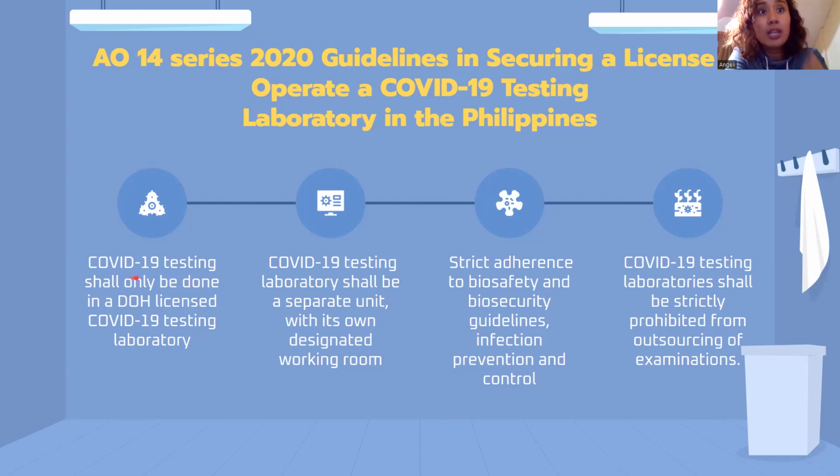COVID-19 testing shall only be done in a DOH-licensed COVID-19 testing laboratory. No other body, only the DOH, licenses the laboratory. So, no underground laboratory. The license of a lab able to perform COVID-19 testing is different. A COVID-19 testing laboratory shall be a separate unit because it is very prone to contamination, with strict adherence to biosafety, biosecurity, and infection prevention and control.